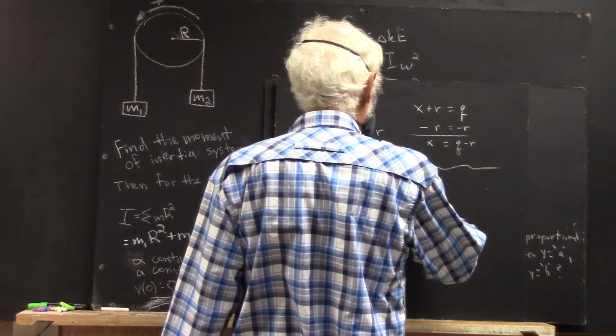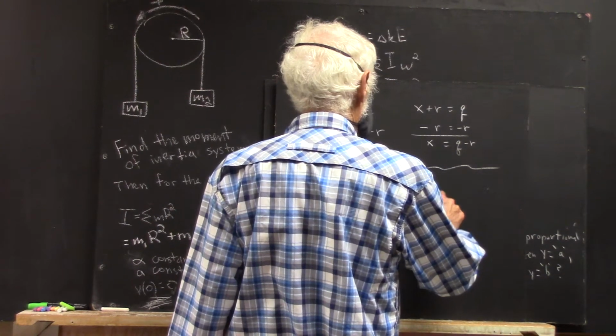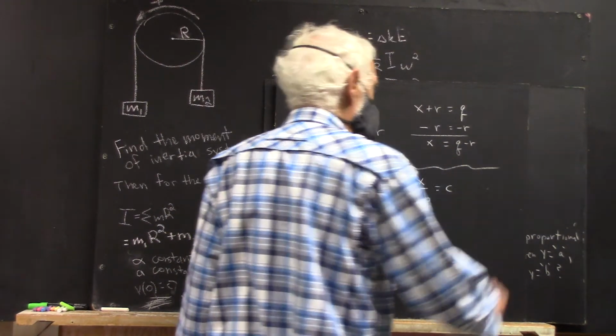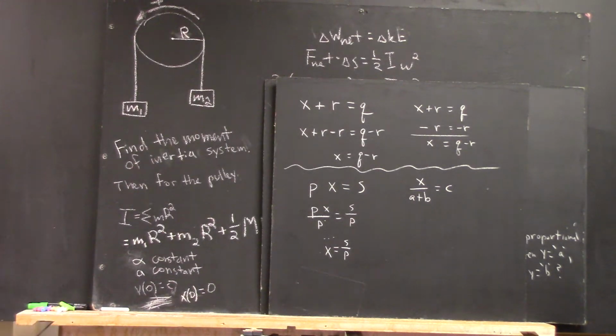And what if you have, pushing it a little bit, x over a plus b equals c. Write that down and see what you're going to do. Give you a minute to think about it.